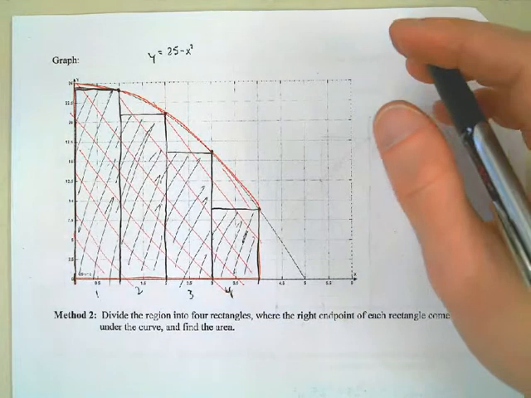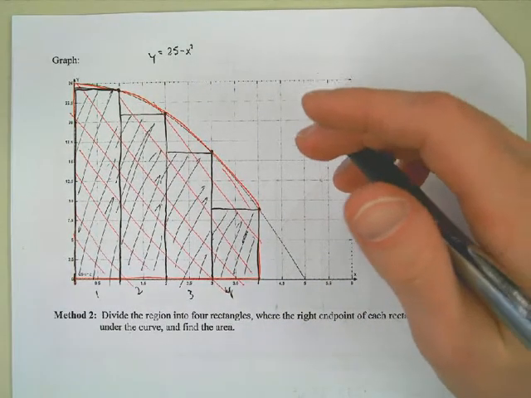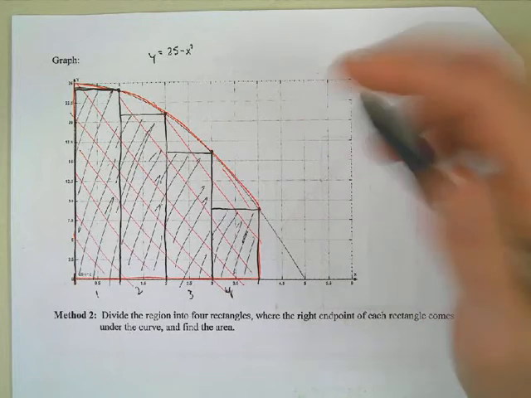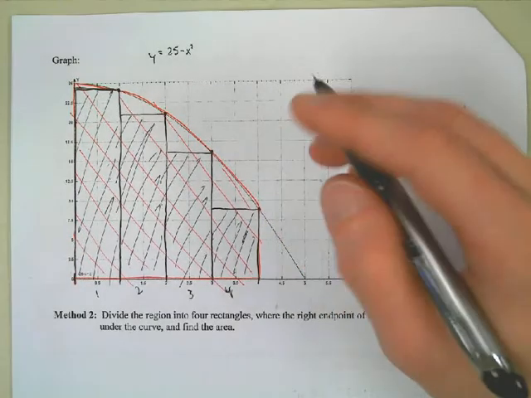So again, the red region is the region that we're trying to find the area of, and then our approximation method is the black rectangles there with the hatch.